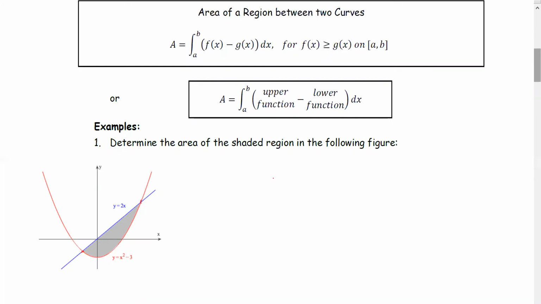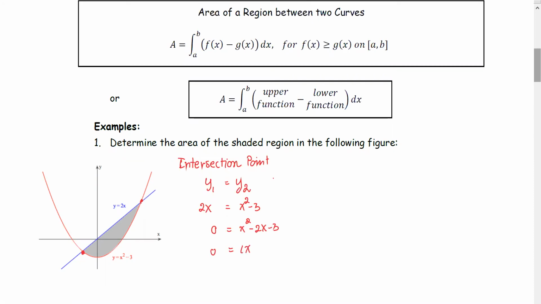First of all, we are going to find the intersection points, which are the lower bound and the upper bound of the graph. To find the intersection points, we let y1 equal y2. y1 is 2x, y2 is x squared minus 3, and solve the quadratic equation.